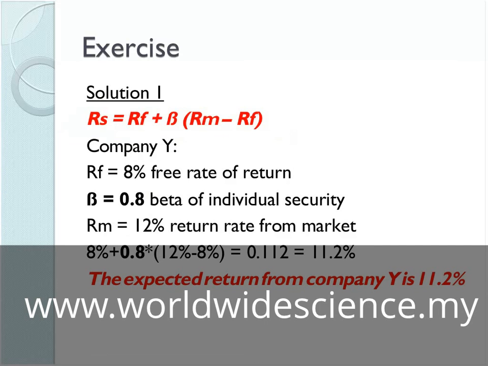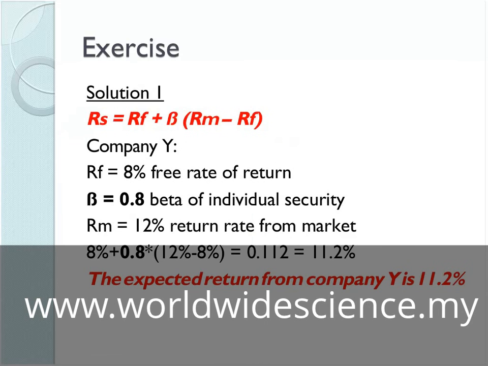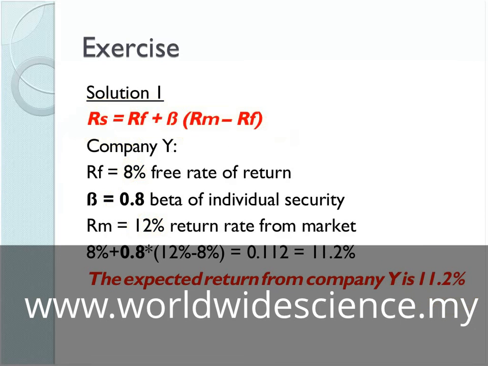For the next one, first we identify the expected return from company X, and next we use the same formula to identify the expected return from company Y. As you can see, the risk-free rate remains the same, 8%, but the beta of the individual security is different, 0.8.